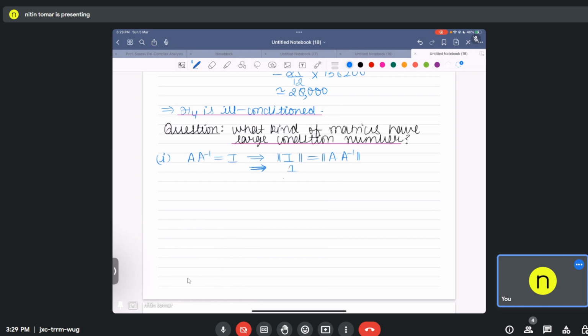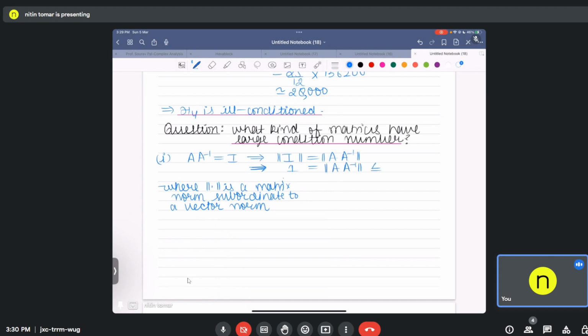Right, where this norm is a matrix norm subordinate to a vector norm. So this implies 1 is equal to the norm of A inverse A.